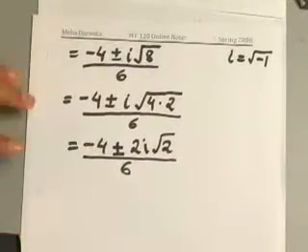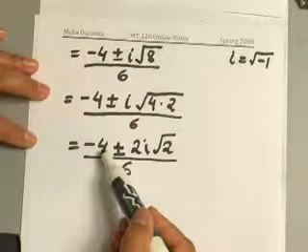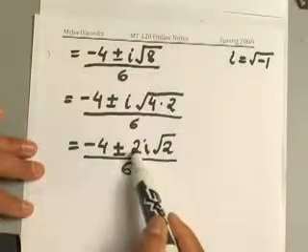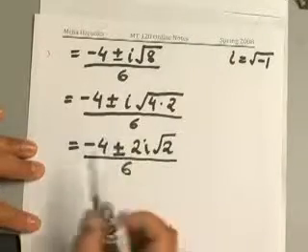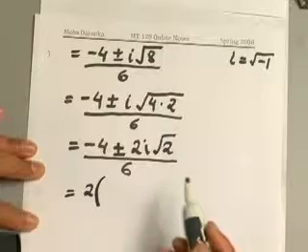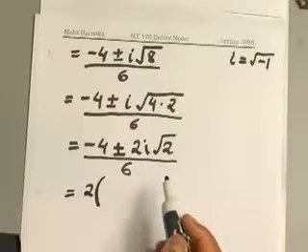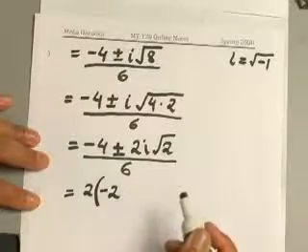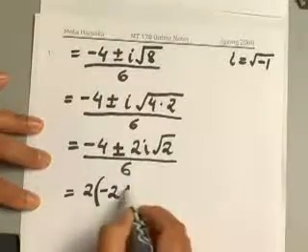Now you are ready to see if you can simplify this any further. So let's see, you can see that between your negative 4 and the 2i square root of 2, between 4 and 2, you have 2 as a common factor. So let's go ahead and get that 2 outside. Negative 4 divided by 2 will give you negative 2, plus or minus.